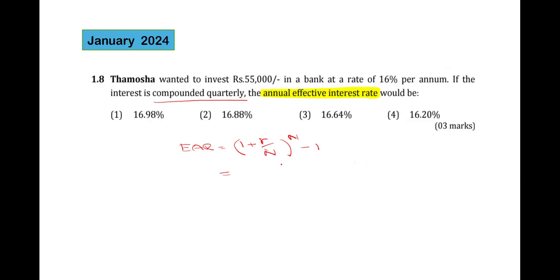Now, R is the annual interest rate, which is 0.16. How to get that? 16 divided by 100 is 0.16. And what is the meaning of N? Number of terms per year.